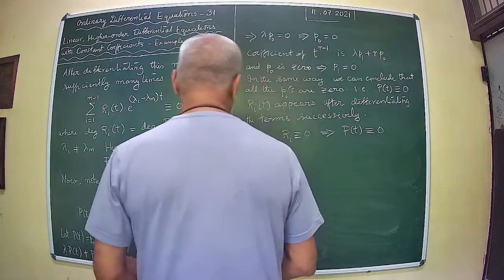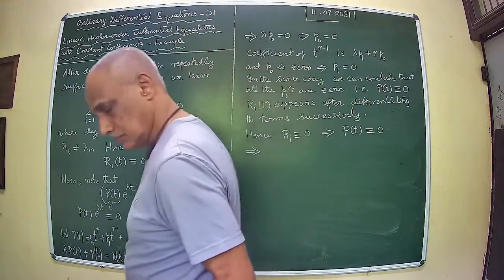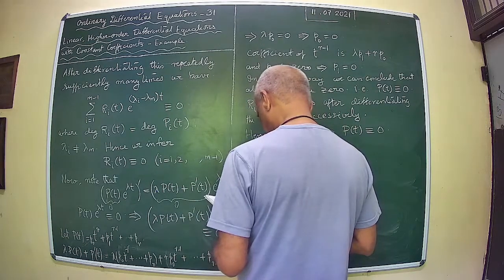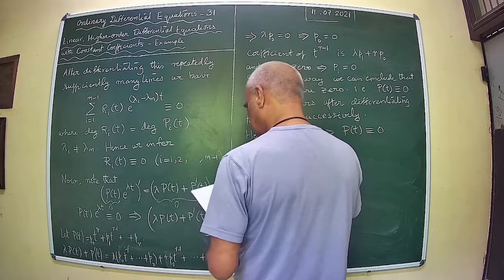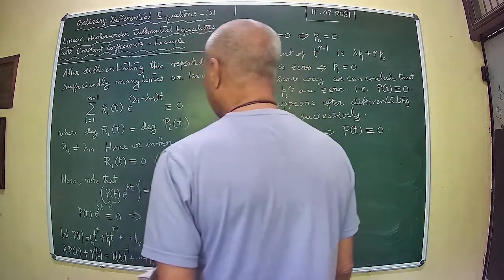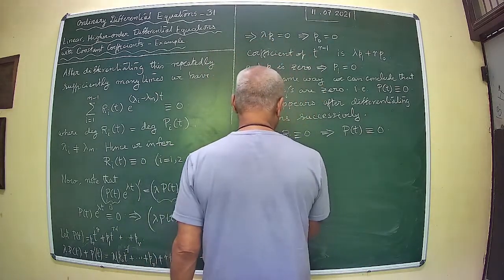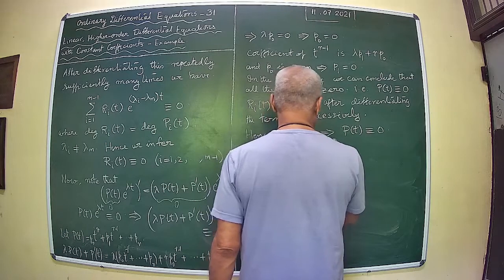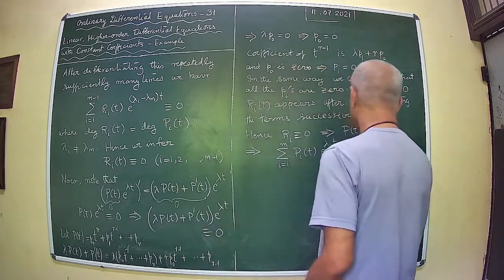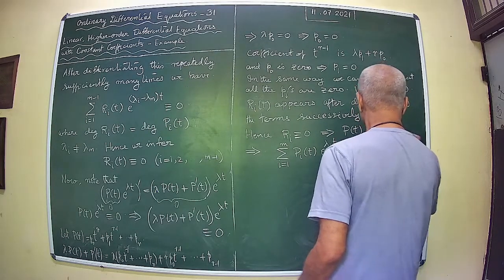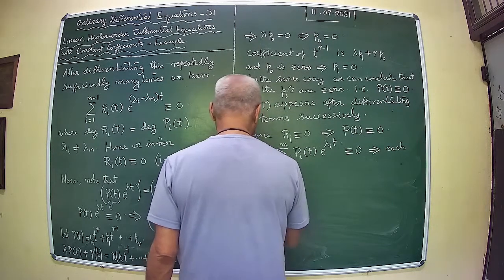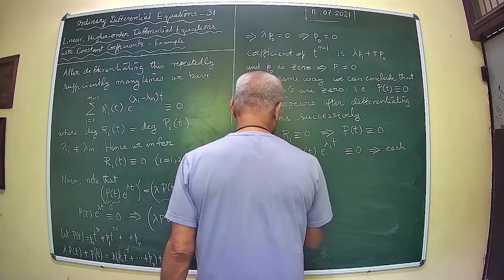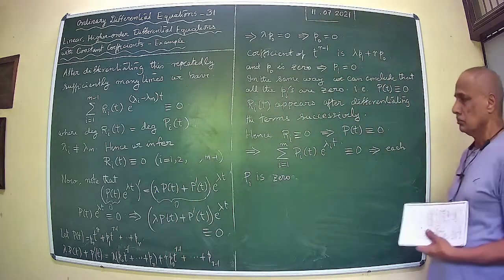Therefore what you get, which implies what one gets is this, that is sigma i equal to 1 to m.